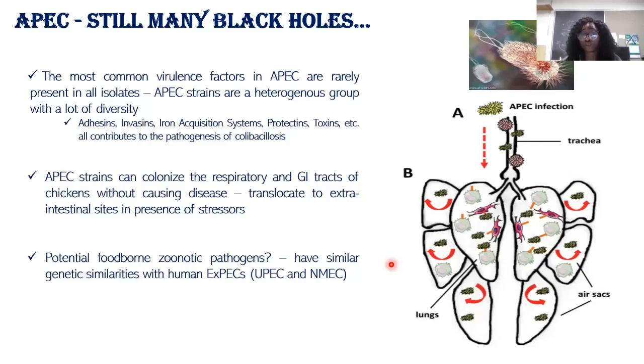But in the presence of stressors, they translocate to extraintestinal sites to cause Colibacillosis in chickens. Also, a lot of studies have isolated APEC strains from chickens that share the same genetic makeup with E. coli strains that cause human infections like urinary tract infections, neonatal meningitis, and the rest of them.